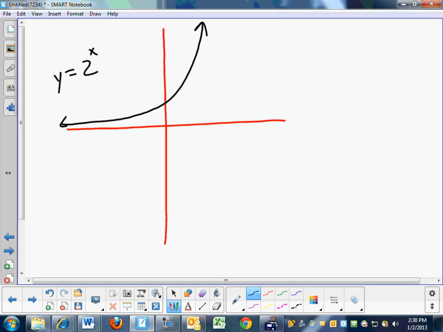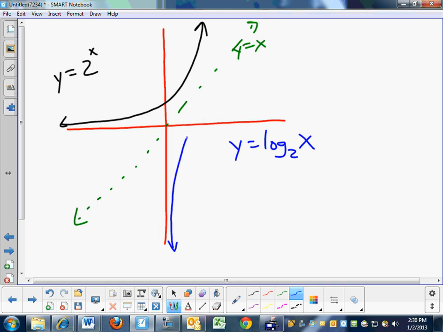That's exponential. Its inverse means reflected over the line y equals x. Its inverse is going to be y equals log base 2 of x. So exponential functions and logarithmics are inverses of each other. They flip over the axis.